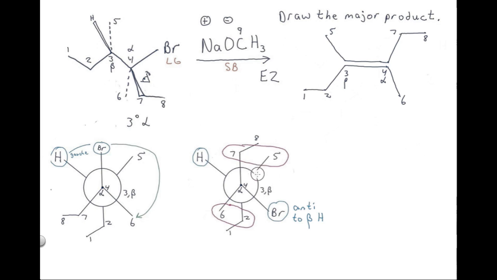So we've used this Newman projection to draw the alkene product with the correct stereochemistry, and notice that this product really does have interesting, important stereochemistry because there are 2 different groups attached to carbon 3 and 2 different groups attached to carbon 4. If you swapped the positions of carbons 5 and 2, you would get the wrong molecule, the wrong product for this problem.